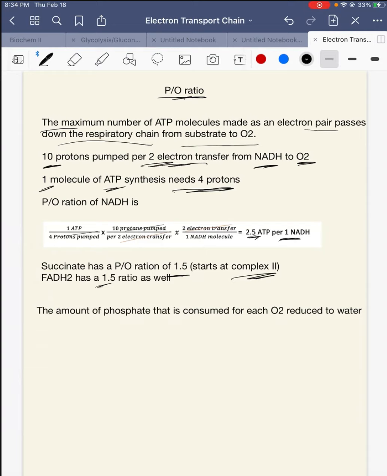The reason it's called the PO ratio is that the P stands for phosphate and the O stands for oxygen, and it relates the amount of phosphate that is consumed for each oxygen molecule that is reduced to water. That's what the P is and what the O is in the PO ratio.